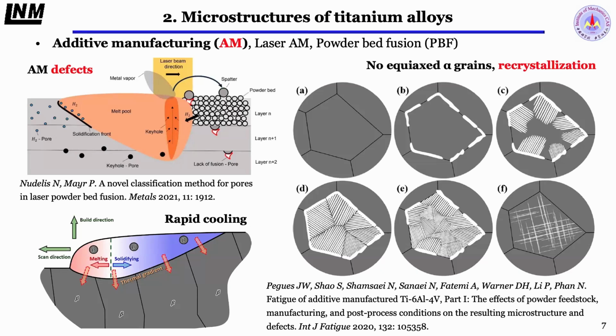Then the cooling speed is very quick. This shows the phase transformation from liquid to beta phase to alpha phase, giving the laminar microstructure. And equiaxed alpha grains can only be obtained from recrystallization.